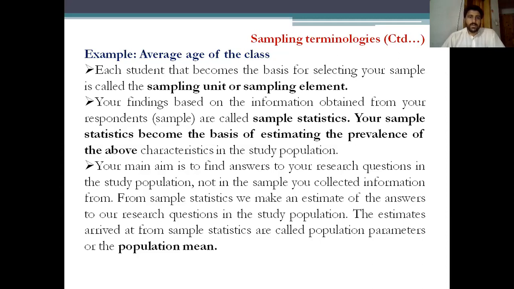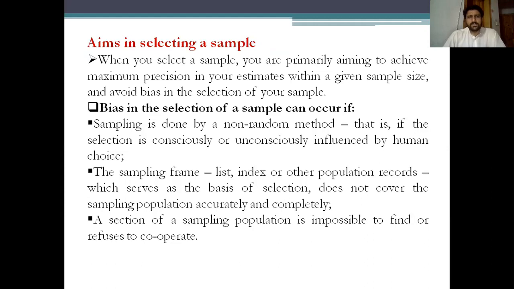That estimate you arrive at from sample statistics is called the population parameter or the population mean, which you derive from the data provided by the study population. These are study parameters.